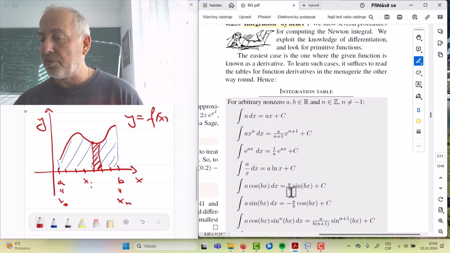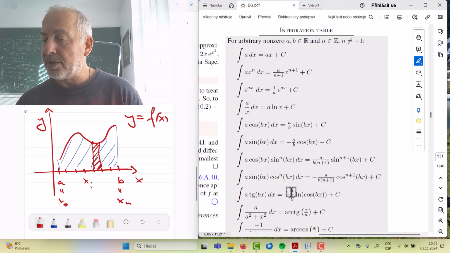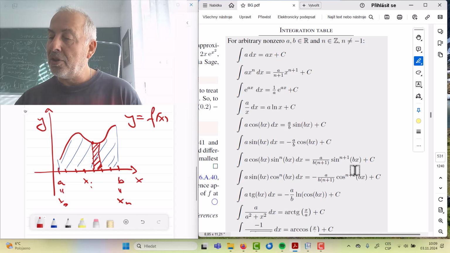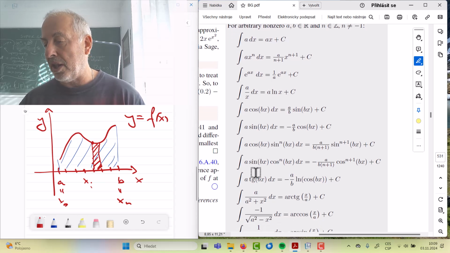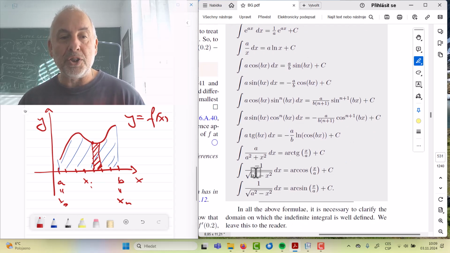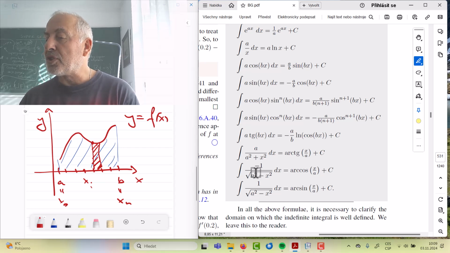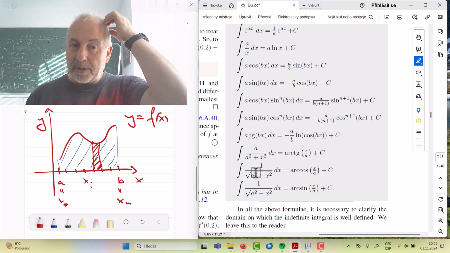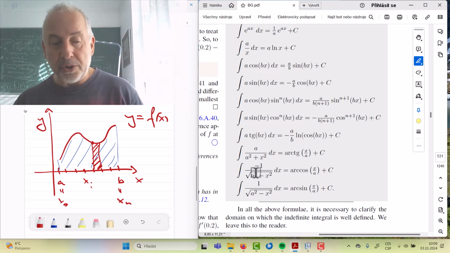So this is what we've got here. So simply differentiating the guys on the right hand side will give you the guys inside of the integrals, and so this is a well arranged table of some examples of indefinite integrals.